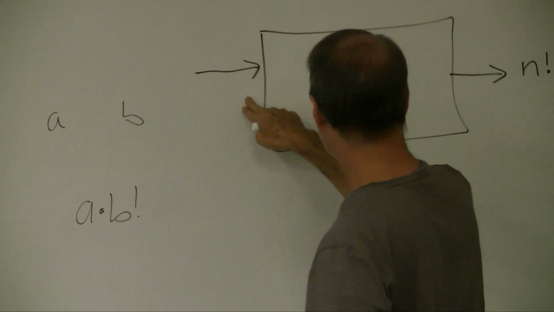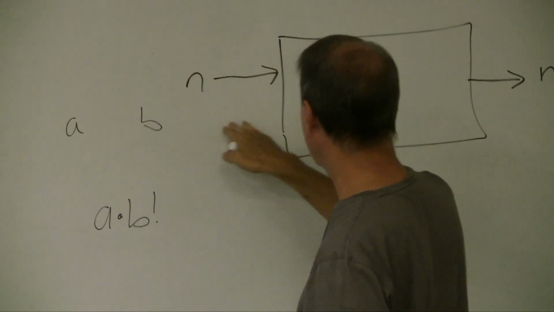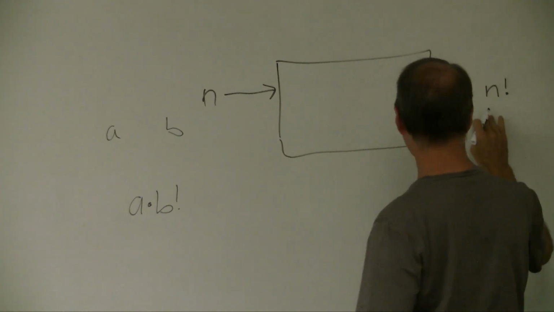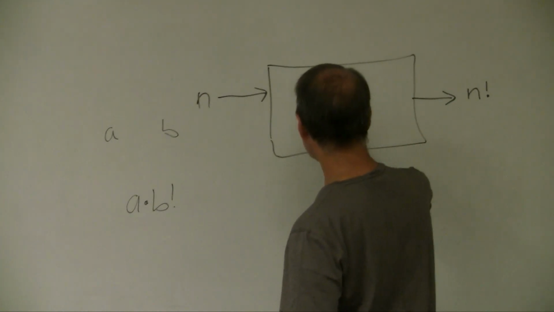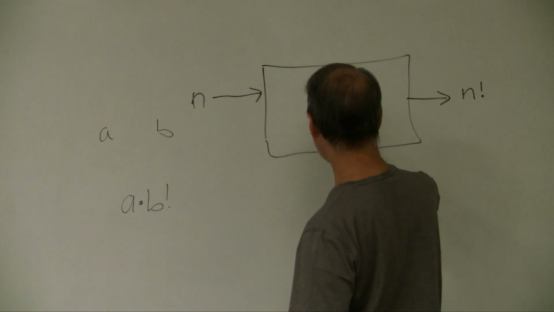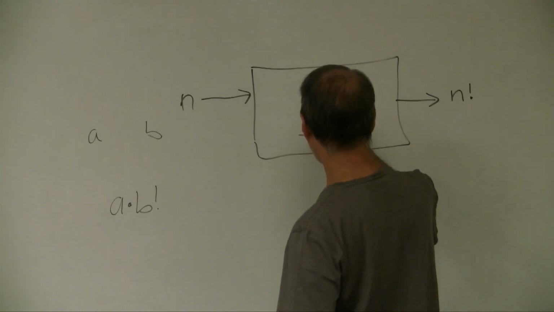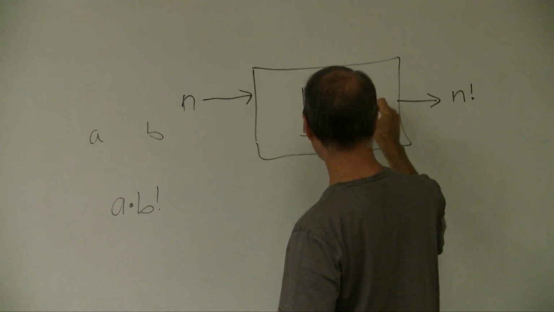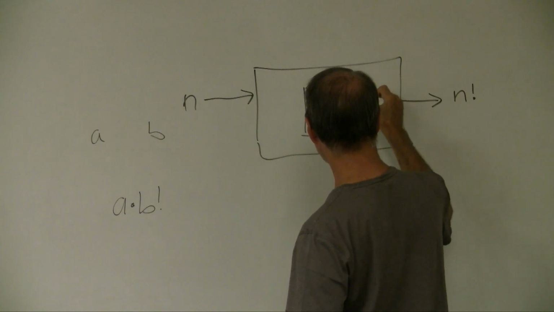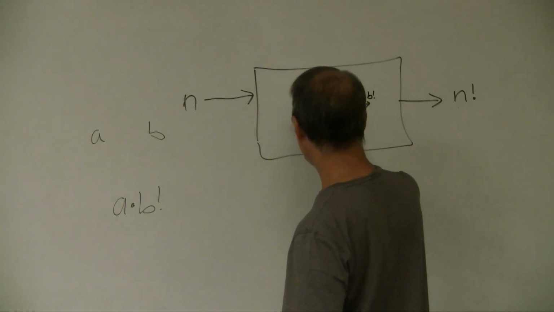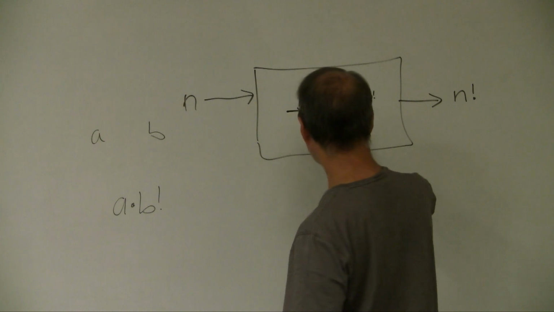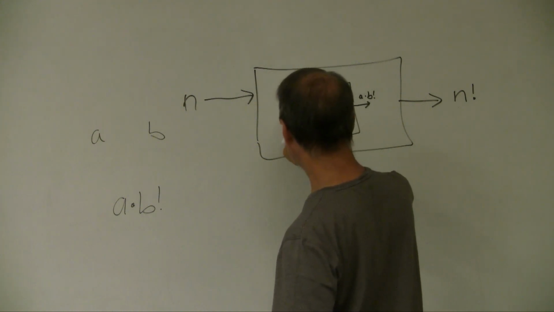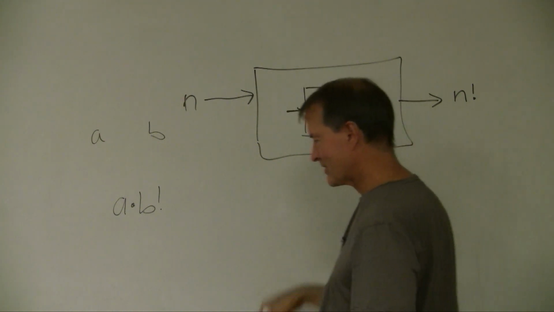Here we're coming in. N is coming in. We want n factorial to come out. Now, what this guy puts out is, what comes out of here is a times b factorial. So what should go in for a and b? That was not a good diagram, but.